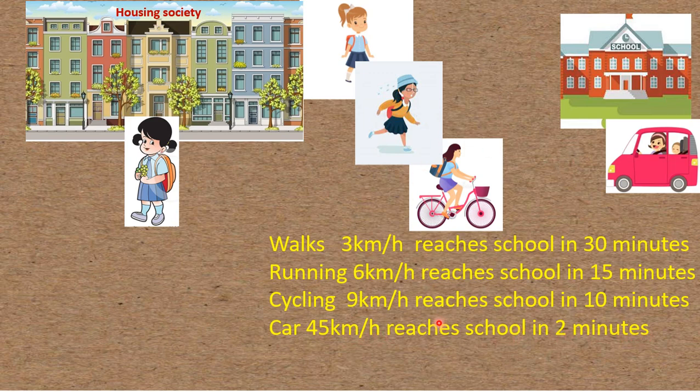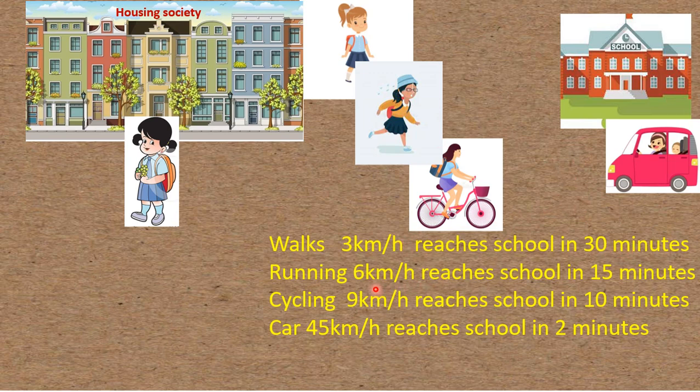In all these cases, we are getting the time the girl takes to reach her school according to the speed. When she walks at 3 km per hour, time taken is 30 minutes.